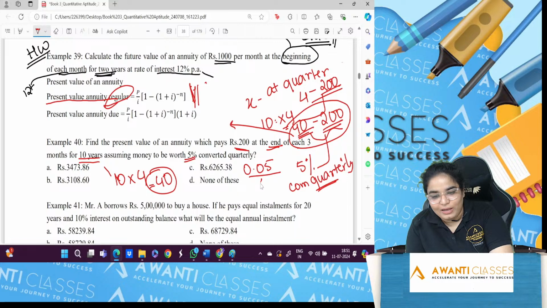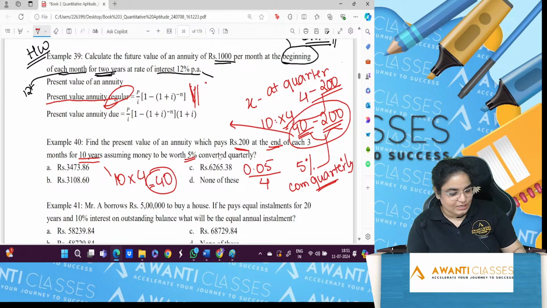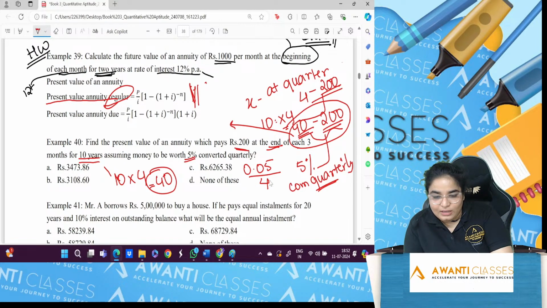I is what? I is 5%, yes, but 0.05 divided by 4, it is converted quarterly. So it is 5% per annum, but it is converted quarterly. So 0.05 divided by 4. So that will be how much? That will be 0.0125.